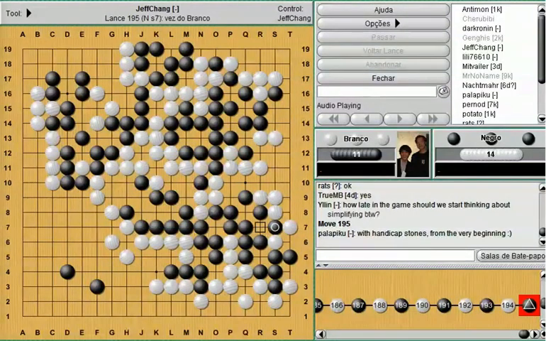So here we should think about whether we should simplify it. Later, there is another case, only at move 60, where we are also thinking about whether we should simplify it. Exactly. I'm winning the game, so I want to simplify. It has nothing to do with how many moves have been played.